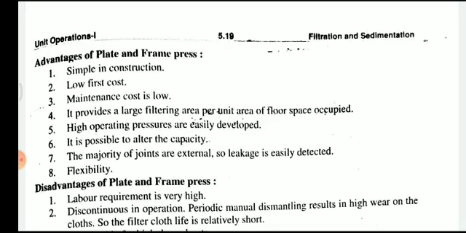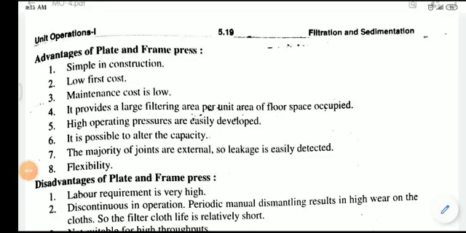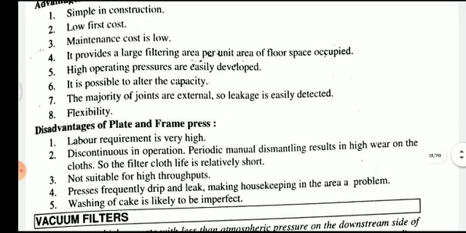It provides a large filtering area per unit area of floor space occupied. Fifth, high operating pressures are easily developed. It is possible to vary the filter capacity. The majority of the joints are external, so leakage is easily detected, and flexibility is more.